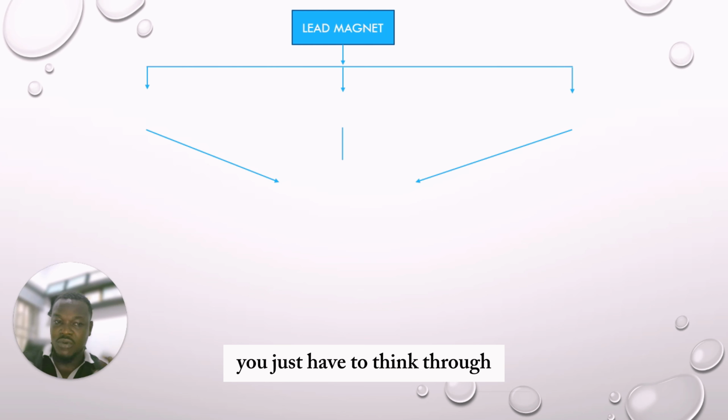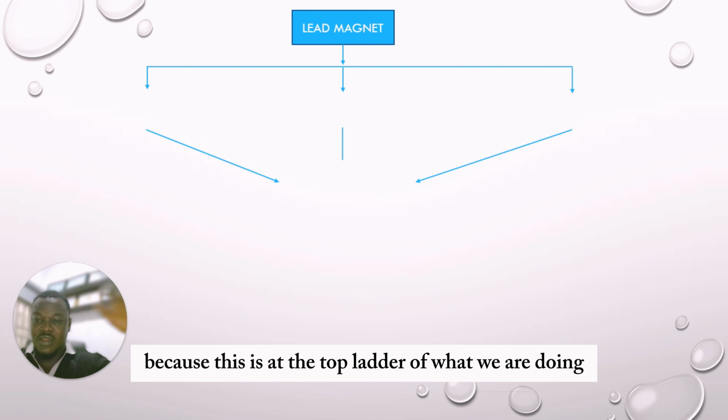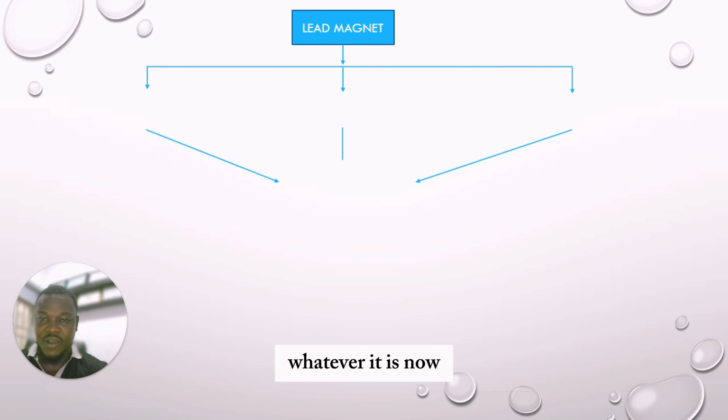You just have to think through what you can give out that's of value and for free for people to come into your funnel. This is very important because this is at the top of the ladder of what we are doing. So first of all, you need to figure out a perfect lead magnet for you. It can be an ebook, whatever it is.